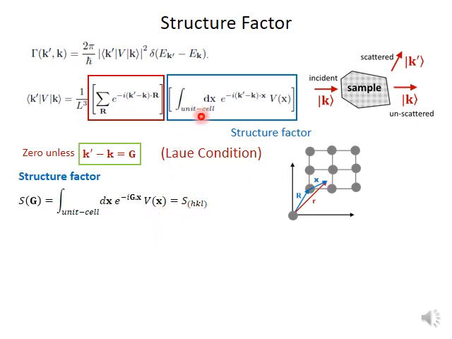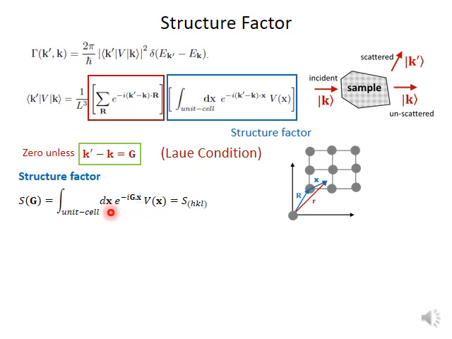This structure factor is normally represented by S, where S is a function of capital G, because this factor gives you a non-zero value only for k prime minus k equals G. So for those values where k prime minus k equals capital G, this factor would become a function of G.